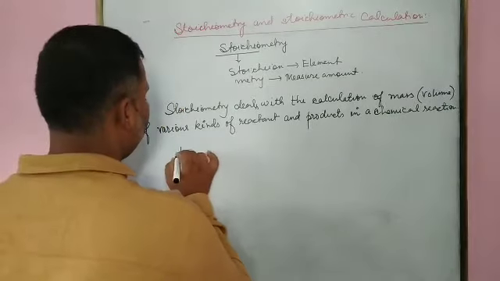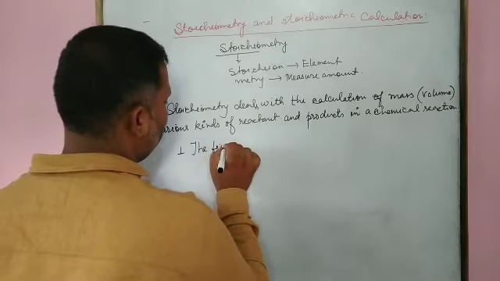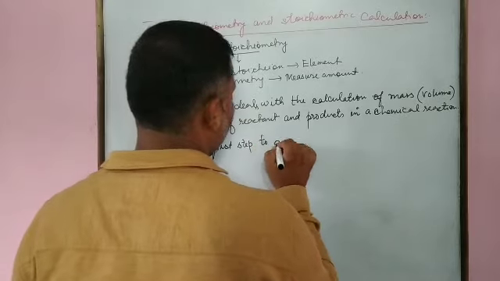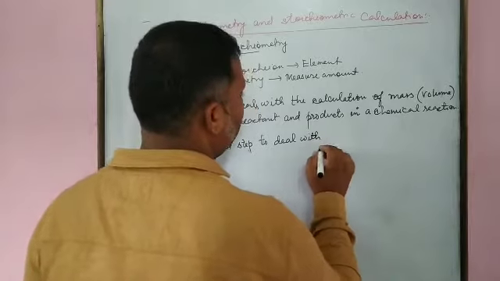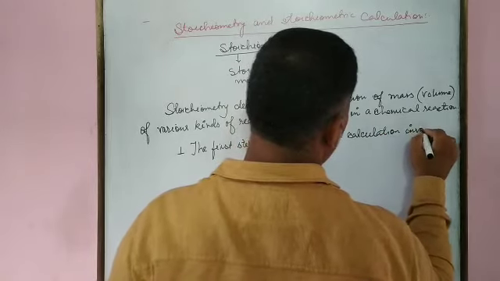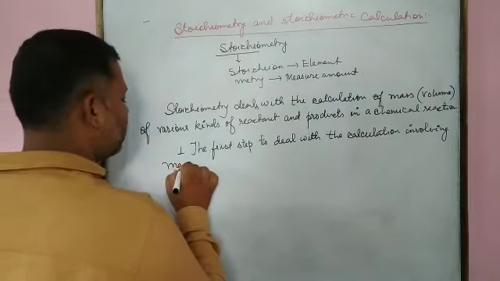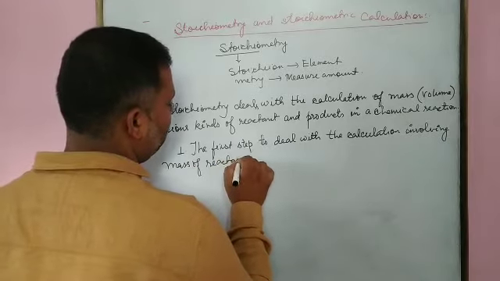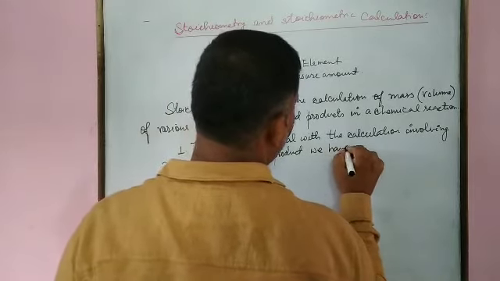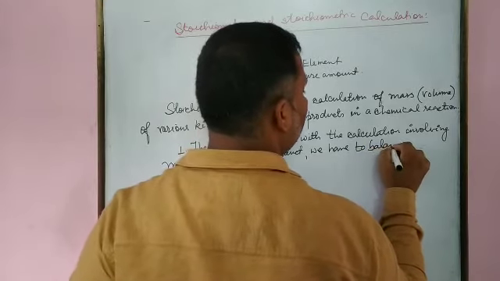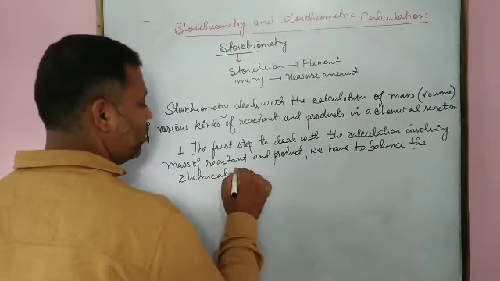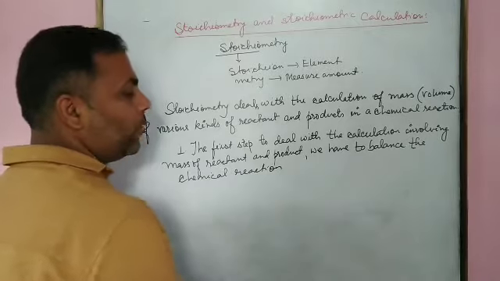The first step to deal with the calculation involving the mass of reactant and product is that we have to balance the chemical reaction.